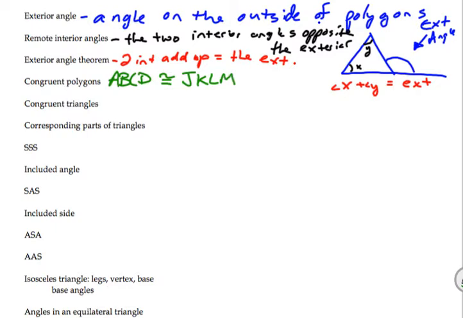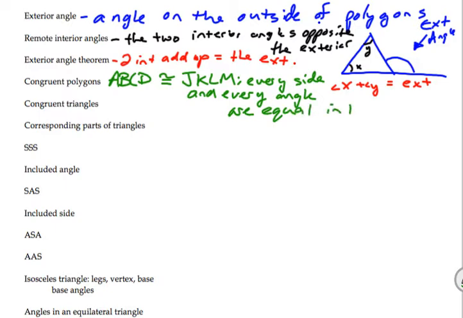So that means every side and every angle in the statement are equal. So in the statement, you should have angle A is congruent to angle J, because those are first in both of their respective categories. So we did a bunch of matching up letters and making sure they're equal.